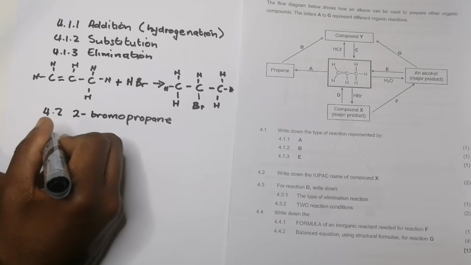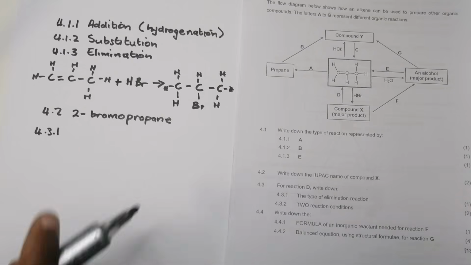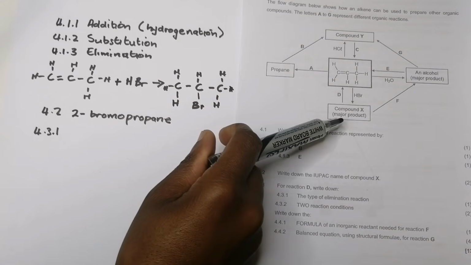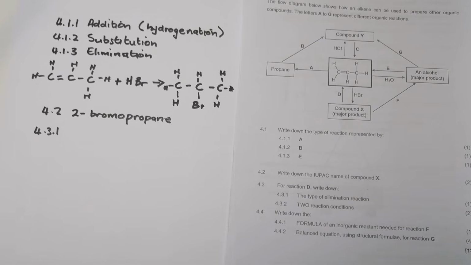So we've got 4.3.1 now for reaction D, wherein we are taking the haloalkane and we are now eliminating the hydrogen bromide, right? So what we need to realize is that we have actually removed hydrogen and bromide, so definitely it's an elimination reaction.